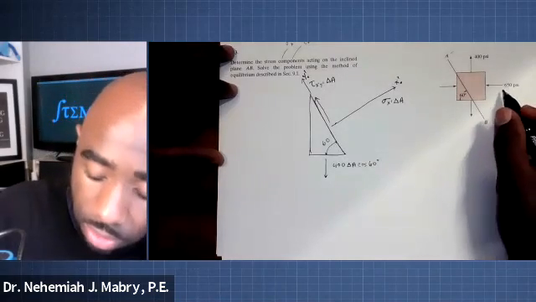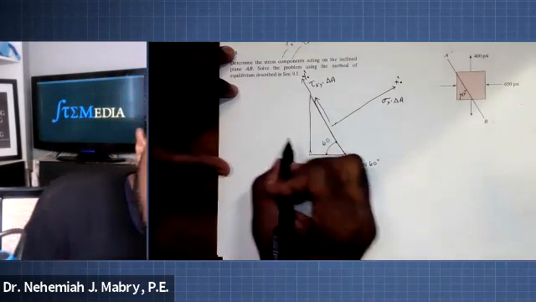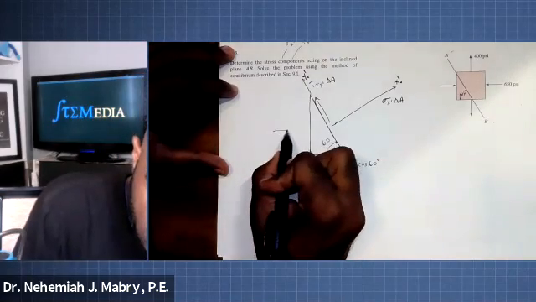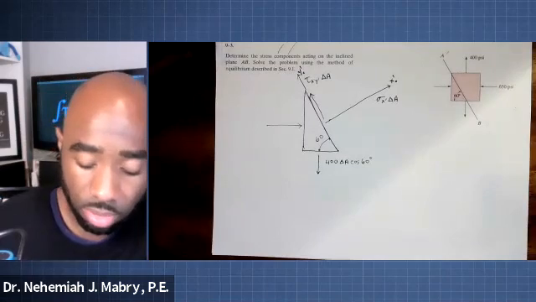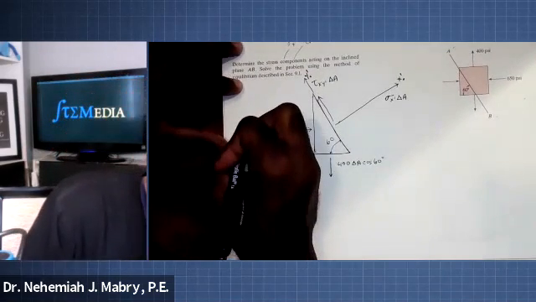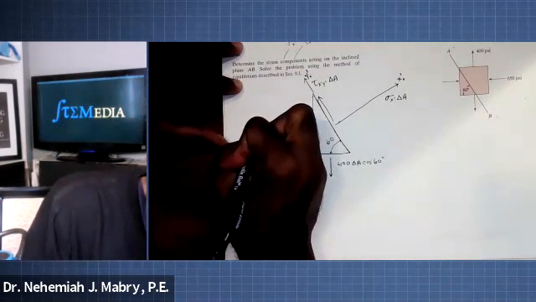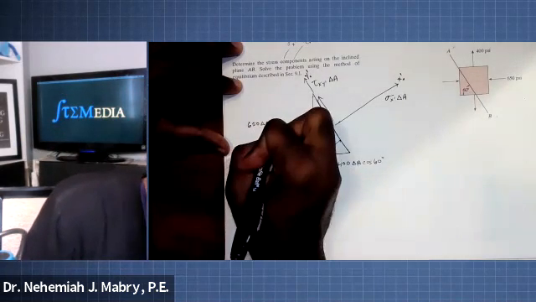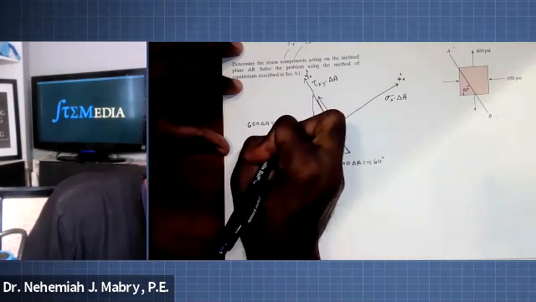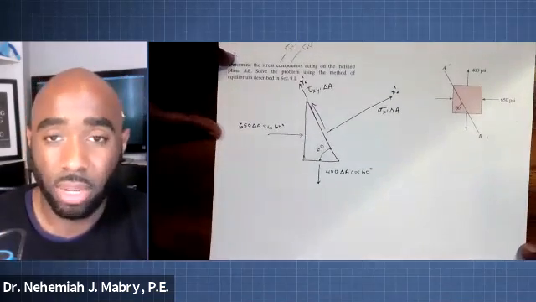And then we have this 650 psi. It's going into the plane stress, so we're going to draw it in this direction. And this is going to be 650 delta A times the sine of 60. That's how we're going to draw a triangle.